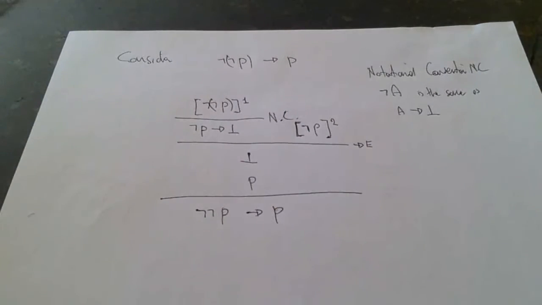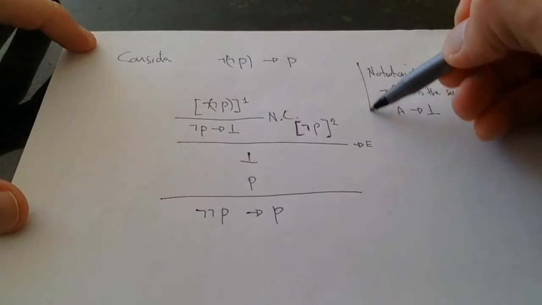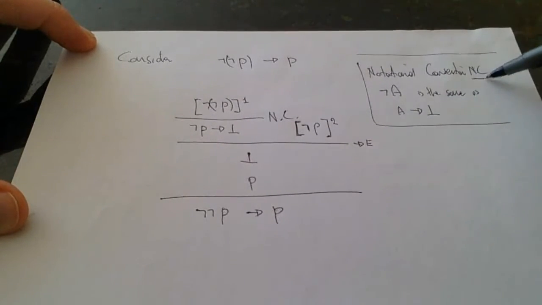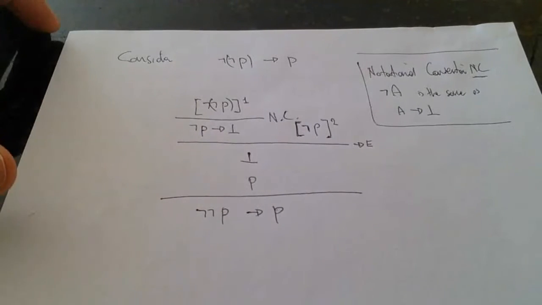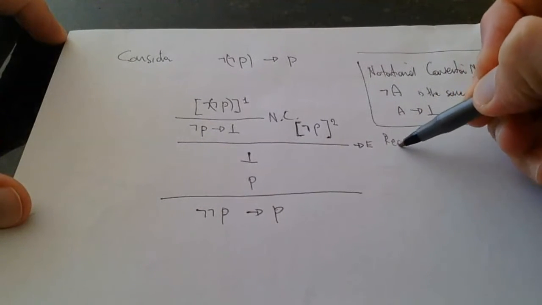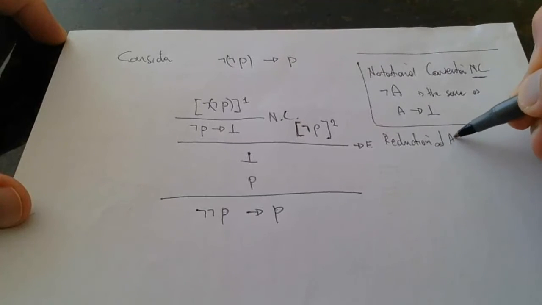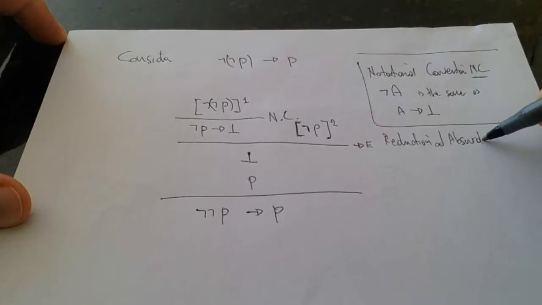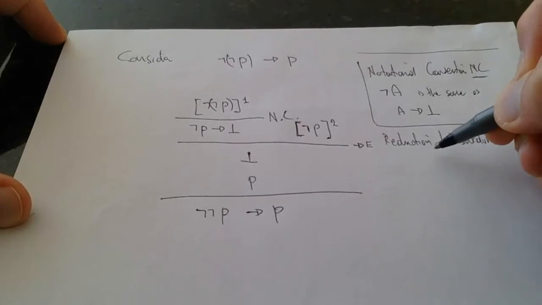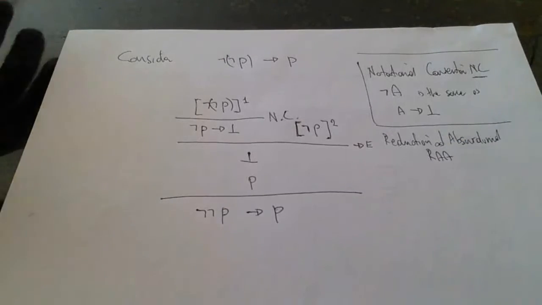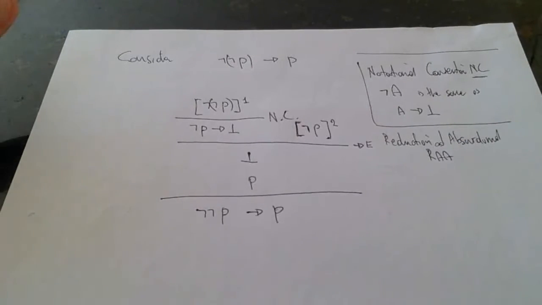So now what? The interesting thing is that there is a rule in our system of derivation called Reductio ad Absurdum, RAA, which means to arrive at a contradiction.